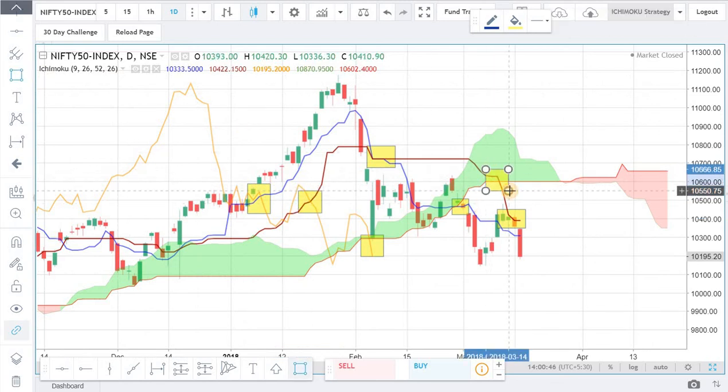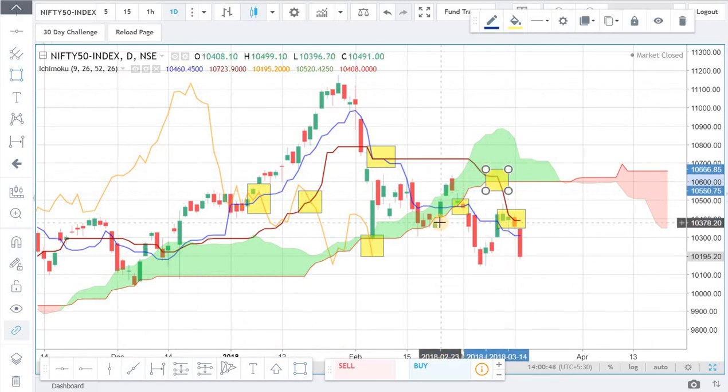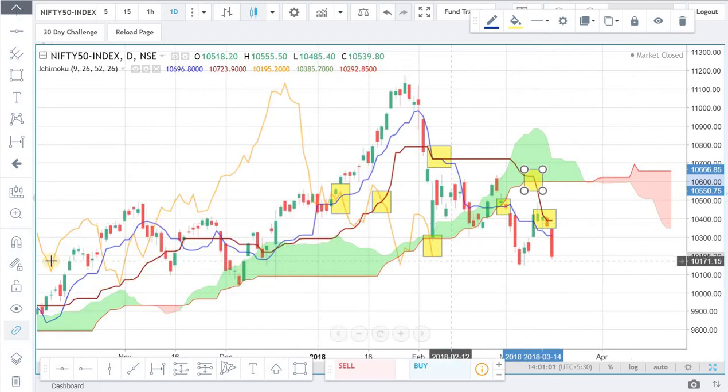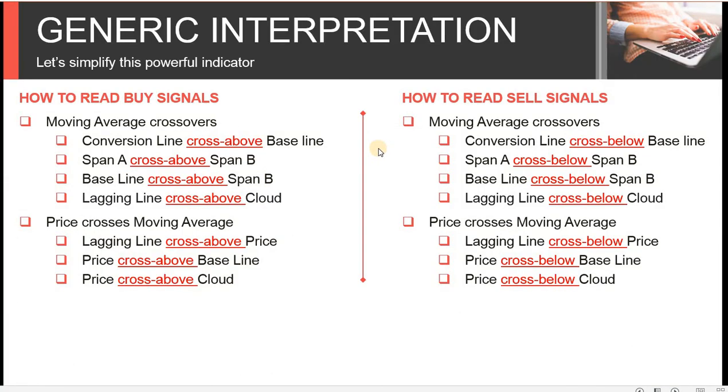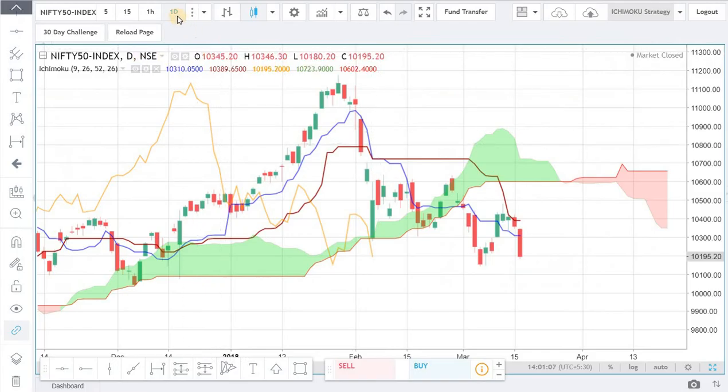Your baseline crossing below span B is a very strong sell signal. So I can see a lot of sell signals over here. Even if it retraces a little on Monday, I think I am more bearish on this than bullish. Okay, that is that. What else? And you have to understand this is a day chart, so it may not actually happen for intraday. It has to happen over a period of one week or two weeks.